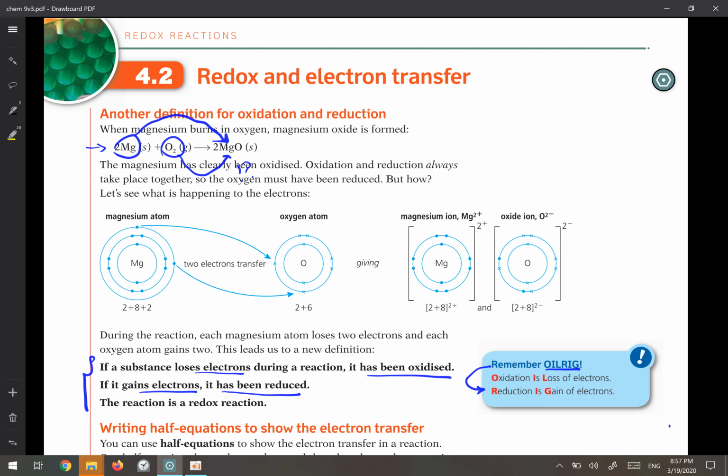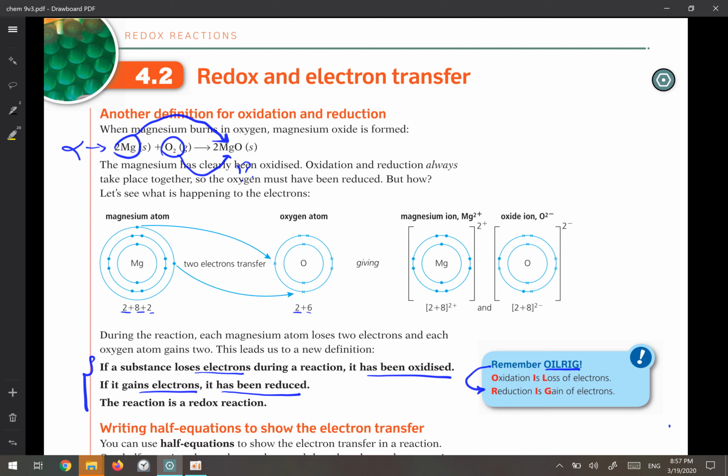So how can this definition help us in the reaction that we had earlier? This is the magnesium atom. You know its electron configuration is 2,8,2, and this is the oxygen atom with electron configuration 2,6. Oxygen needs to gain 2 electrons to get an octet, and the magnesium needs to lose 2 electrons to get an octet. So magnesium gives 2 electrons to the oxygen.